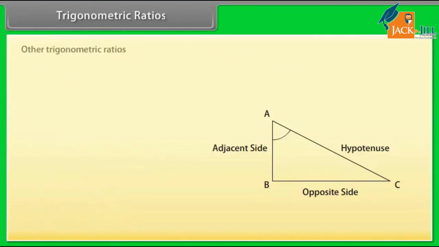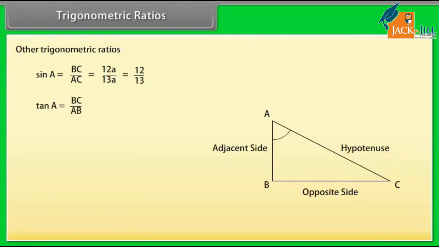Let us now find the values of the other trigonometric ratios. Sin A is equal to BC upon AC equals 12a upon 13a equal to 12 upon 13. Tan A is equal to BC upon AB equals 12a upon 5a, which is equal to 12 upon 5.